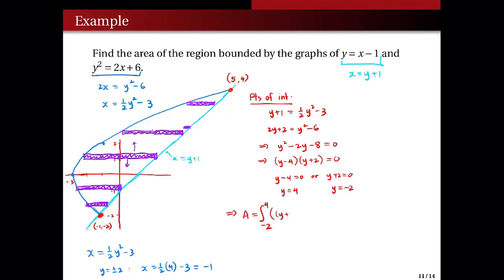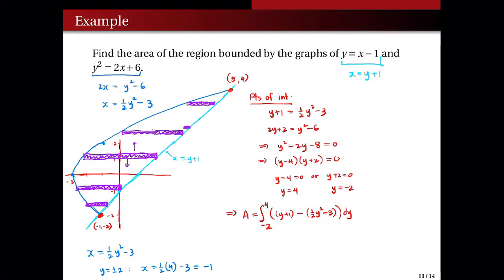So you have here y plus 1 minus the left function, your parabola here, so minus quantity 1/2 y squared minus 3, and then dy. So again, this is the setup, but we will finish the solution here.